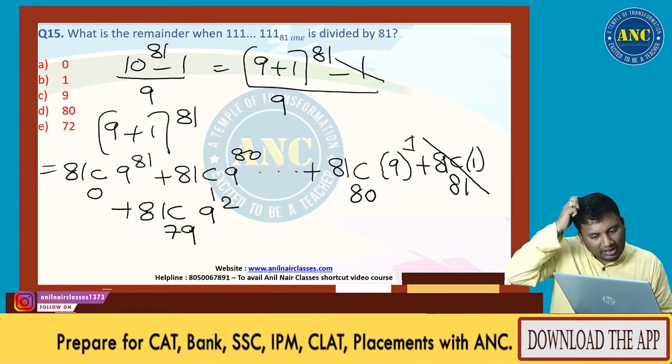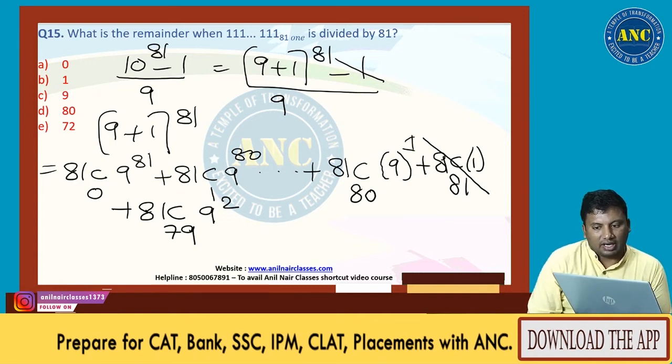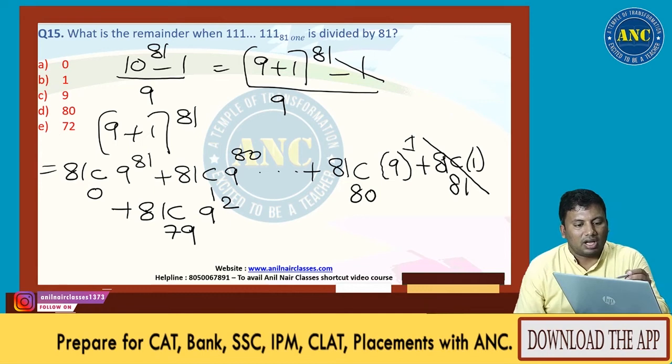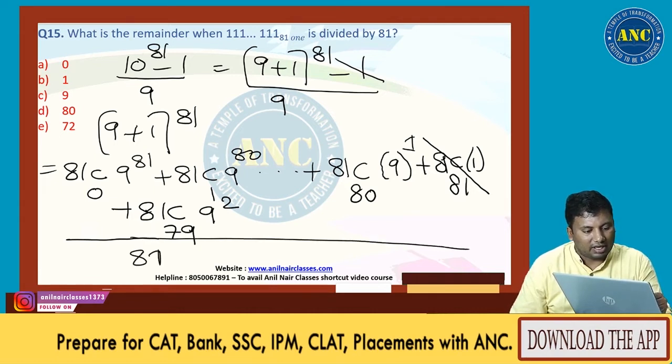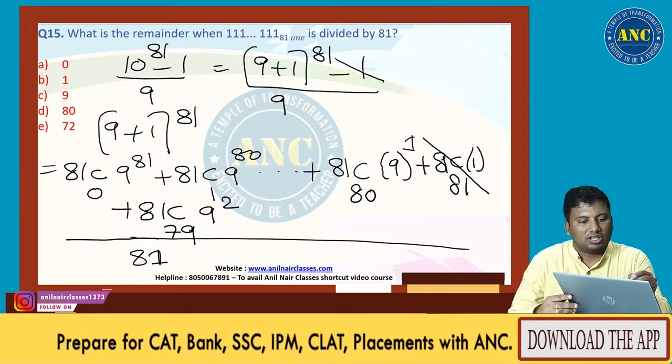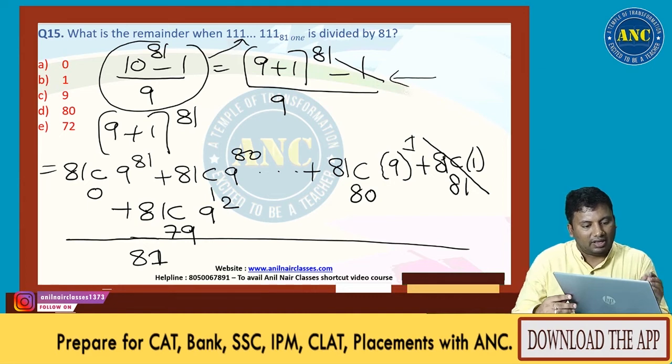Now this entire number is divided by 81, that is the question. This is the form for this number: 9 plus 1 power 81 minus 1.